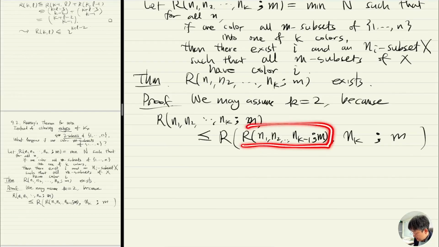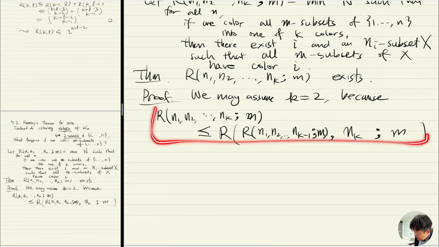But if I have a subset of this color, then by induction, no matter how I color this by k-1 colors, I can find the Ni-subset of color I. So this is an easy argument. So by induction, I can assume that this number exists and that number exists.